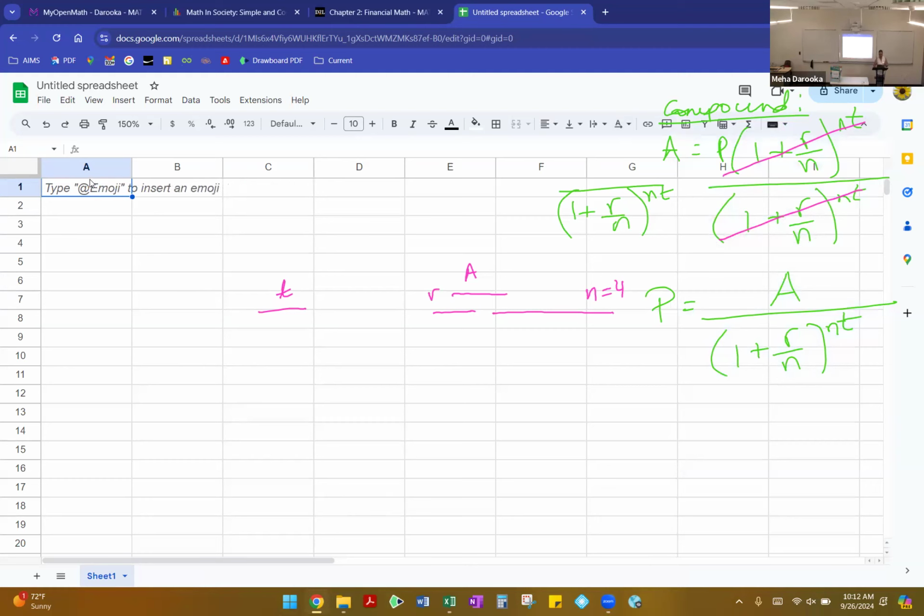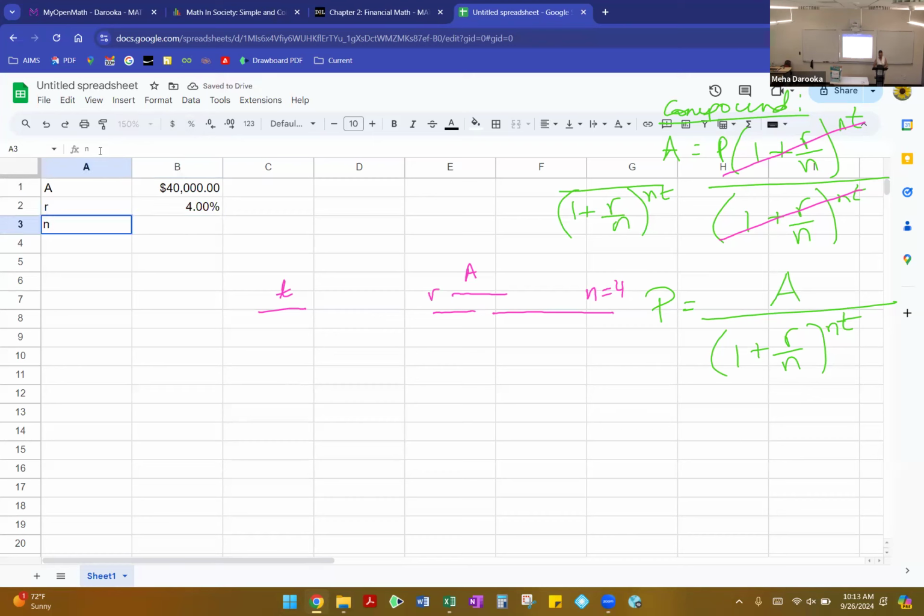Alrighty, so we have a value of 40,000, and remember how we had talked about formatting? So I'm going to turn this into a dollar amount, so $40,000. Our rate of interest is 4%, which the percent format will change into 400, so make sure we bring it back to 4.